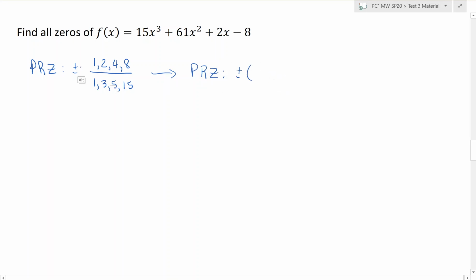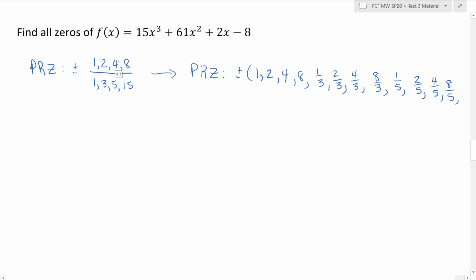The only things that you would want to waste time trying to see if they are zeros is 1 divided by 1, 2 divided by 1, 4 divided by 1, 8 divided by 1, okay, 1 divided by 3, 2 divided by 3, 4 divided by 3, 8 divided by 3, 1 divided by 5, it's quite a list here, 2 divided by 5, 4 divided by 5, 8 divided by 5.